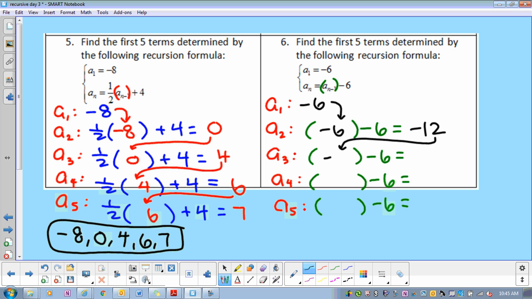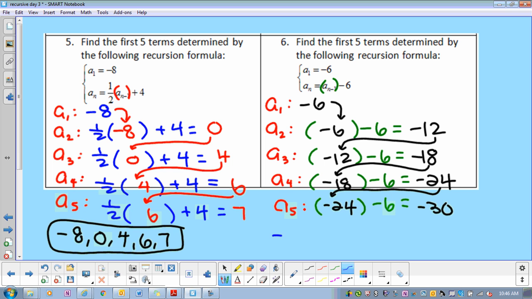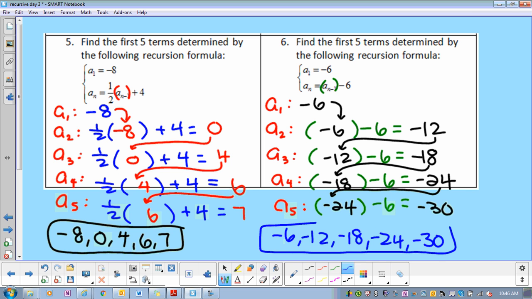So now, -12 minus 6 is -18. -18 minus 6 is -24. And then -24 minus 6 is -30. Good. So we have -6, -12, -18, -24, -30. Perfect.